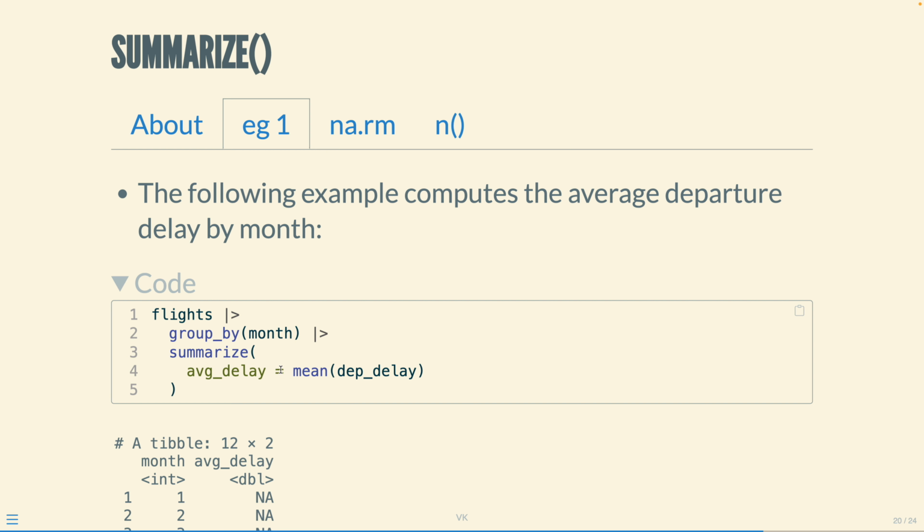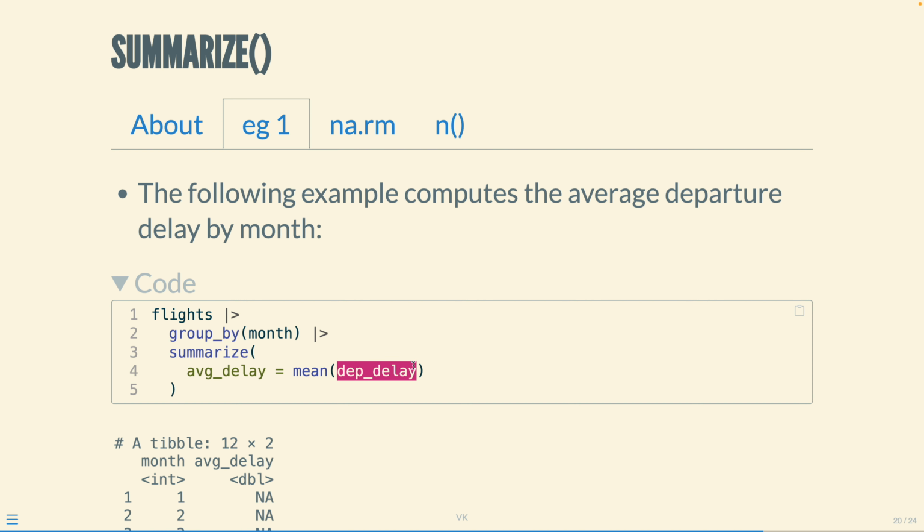And we're going to say, what is that equal to? So we're going to say, once this is grouped by month, I would like R to calculate the average delay, right? This is the name of the variable, which is equal to the mean. The mean is a function because it's in blue. It's a function that's going to operate on a particular variable.